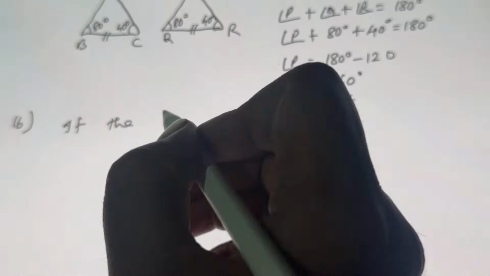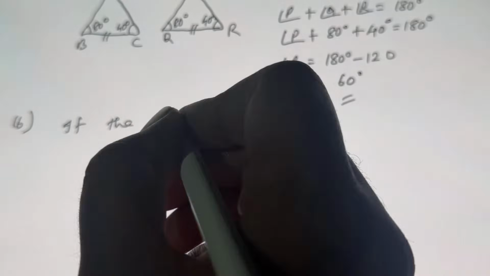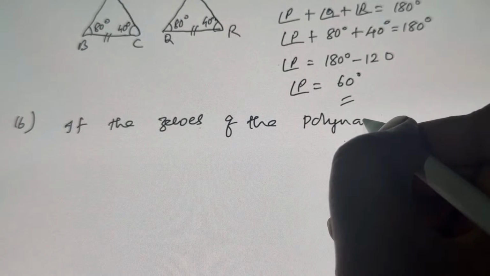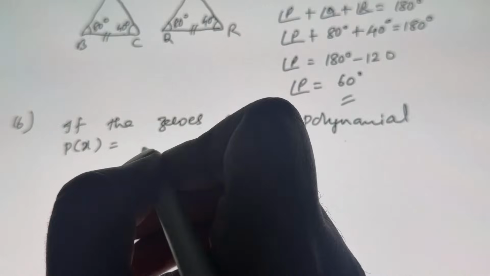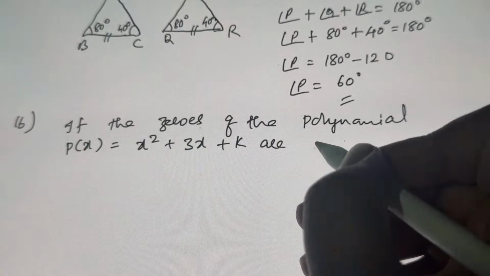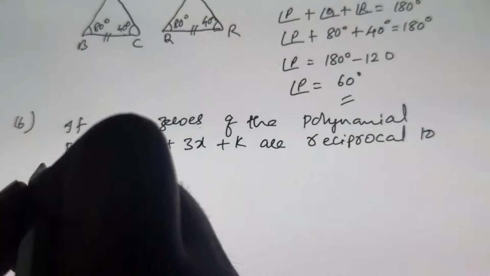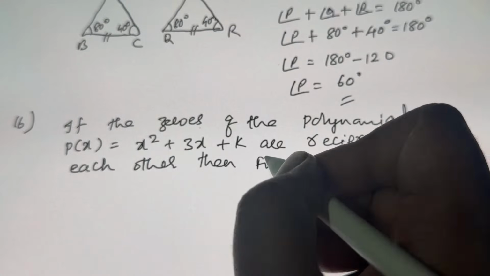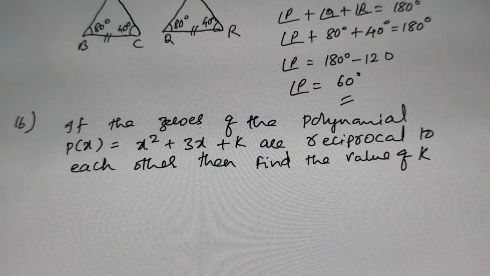If the zeros of the polynomial p of x equals x square plus 3x plus k are reciprocal to each other, then find the value of k.